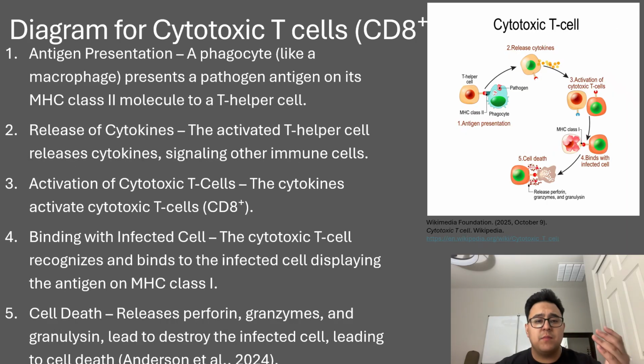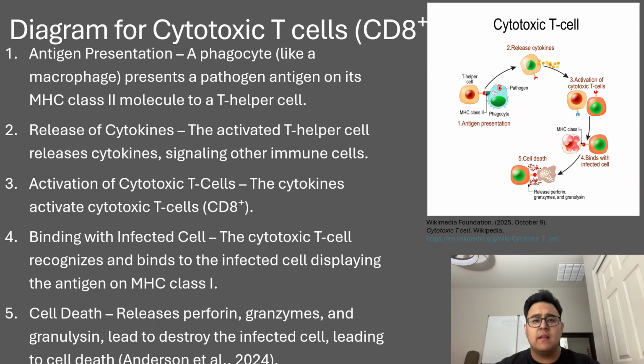Now, for this brief explanation on cytotoxic T cells, which are also known as CD8 cells, we see in the diagram picture that a phagocyte cell presents an antigen to a T helper cell. Then it activates it to release cytokines, which I didn't mention before, but they are the yellow dots on the diagram.